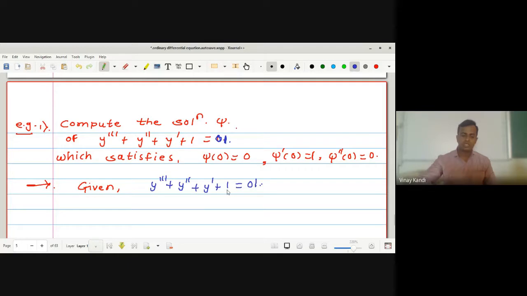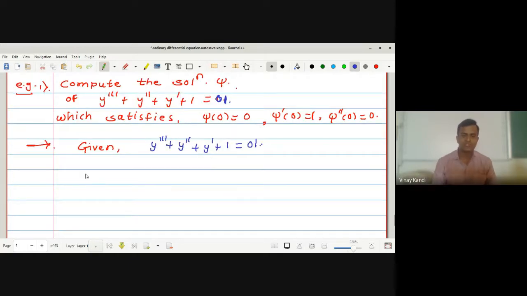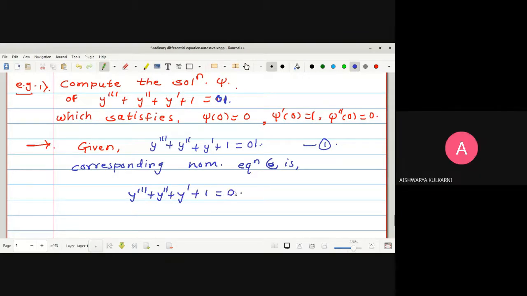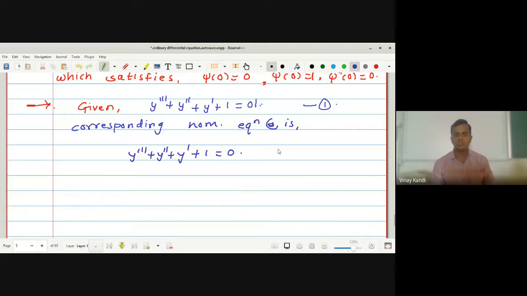Then the corresponding homogeneous equation, give it as equation number 1, is y triple dash plus y double dash plus y dash plus y which is equal to 0. Give it as equation number 2.